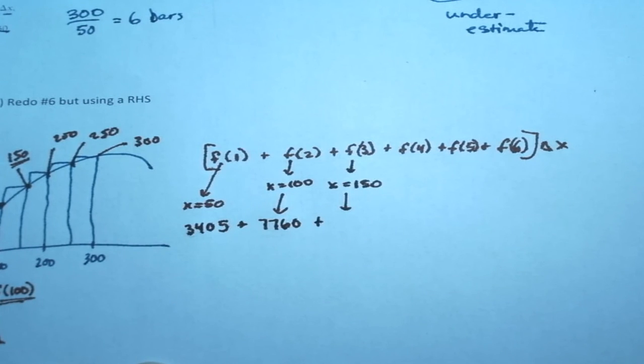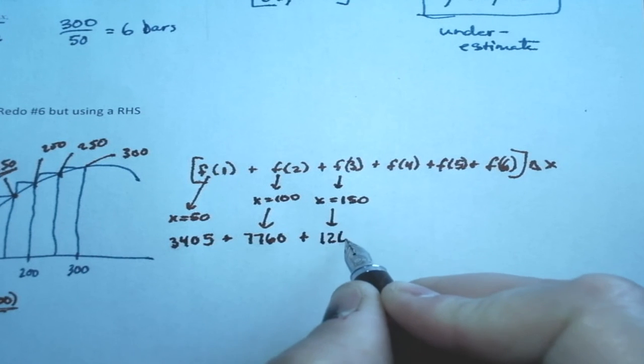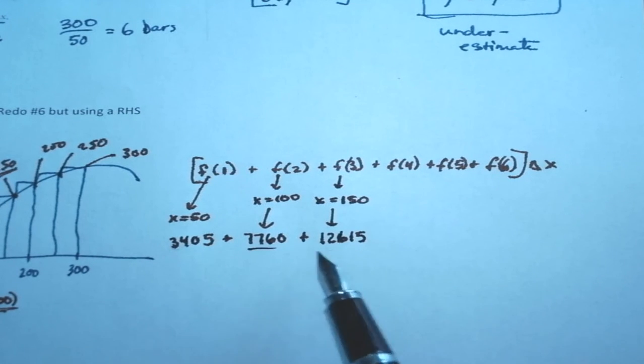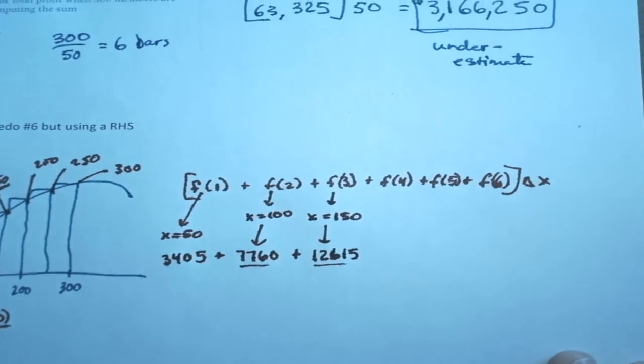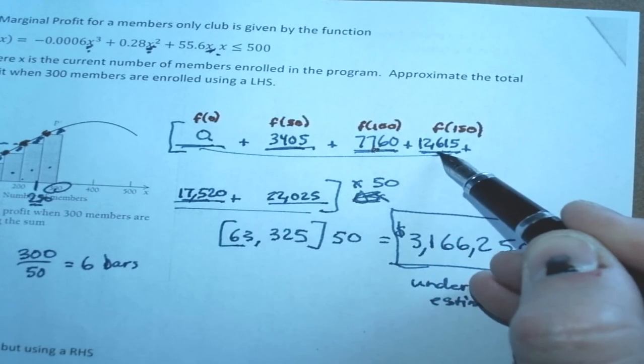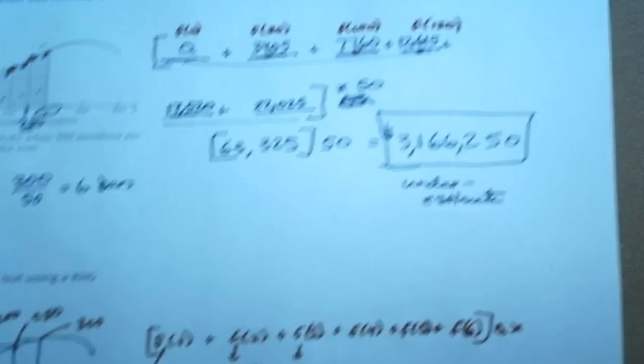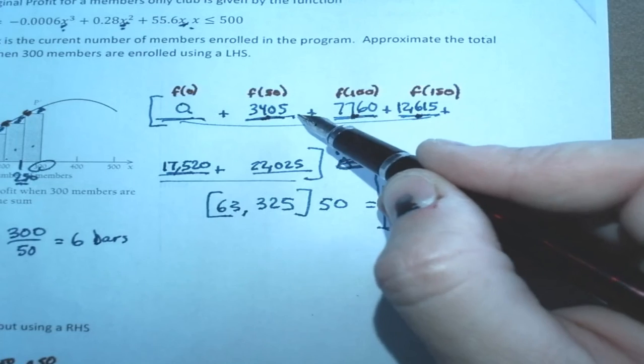I'm plugging in x equals 150 to that equation, and I get 12,615. And by the way, I'm going to pause for a second. 7760, 12,615, 3405. Do you notice those are the same values? f of 50 didn't change.